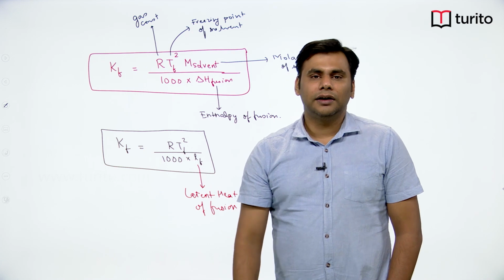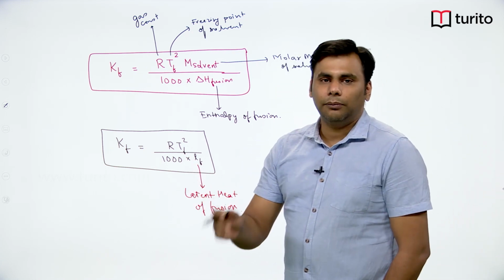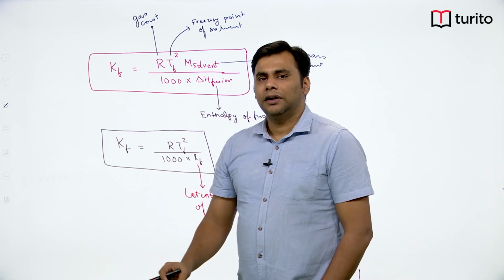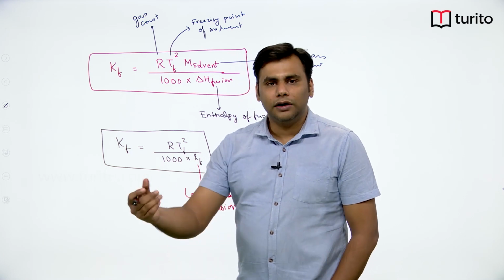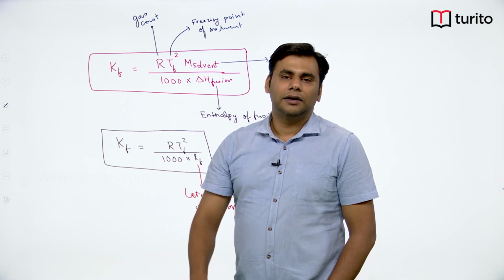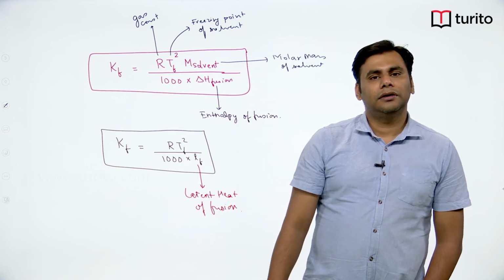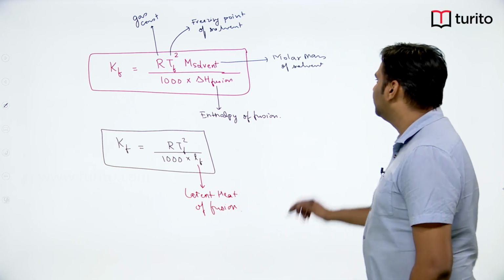There is no other way the vapor pressure could increase. So the solution at that temperature would start melting. So the solution which froze at the initial temperature, upon addition of a non-volatile solute, won't freeze. It will start melting. So we have to lower the temperature so that the solution remains in a frozen form. Hope this is clear to you.